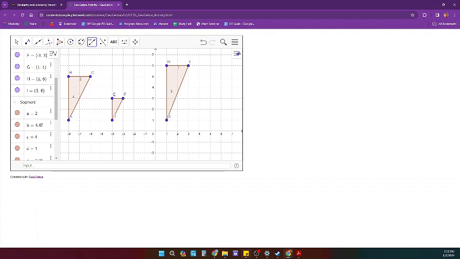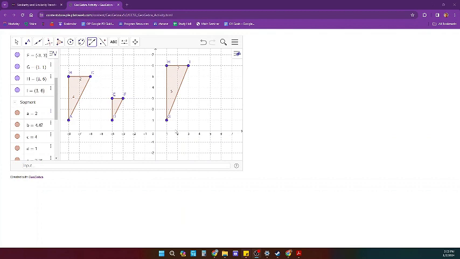So when you encounter situations like these where the angles are not equal or the sides are not proportional, you're going to conclude that those triangles are not similar to one another. So this definition of similarity holds true for all sorts of different shapes in geometry. If we're comparing two rectangles, you could check for similarity by checking to see if their angles are equal and checking if their sides are proportional.